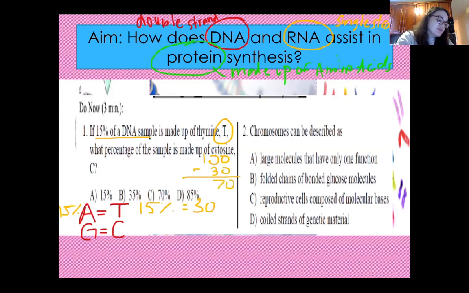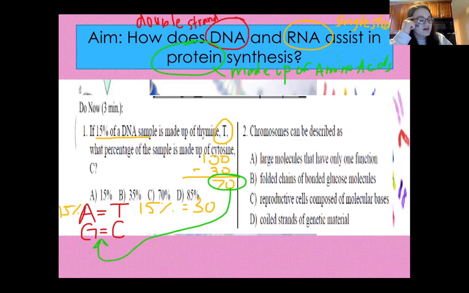So we still have 70% of our DNA to account for. And that 70% is going to consist of guanine and cytosine. So I'm going to let you guys figure out what the correct answer is. Come back to Thursday's class with your answer ready.